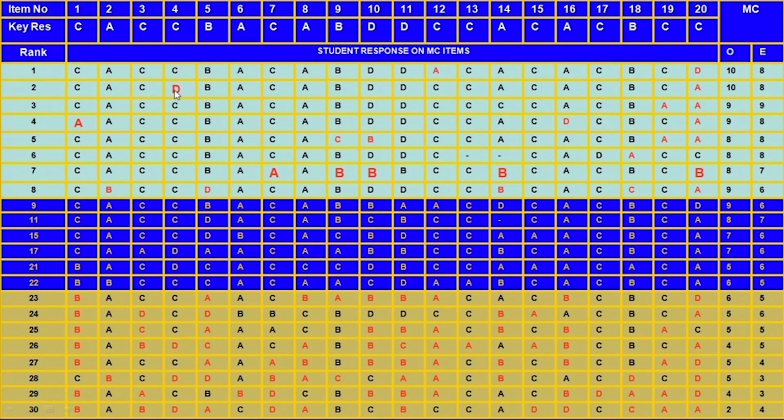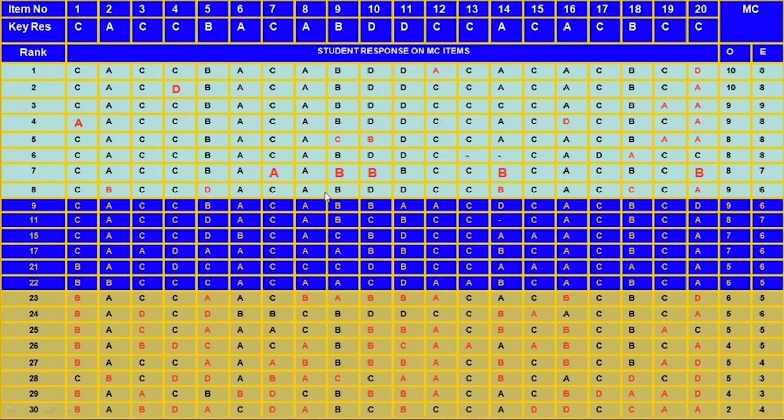Item number 4 is answered wrongly, D instead of C, and similarly item 20 is marked A rather than C. So he also has scored 18, and it goes on in that fashion.